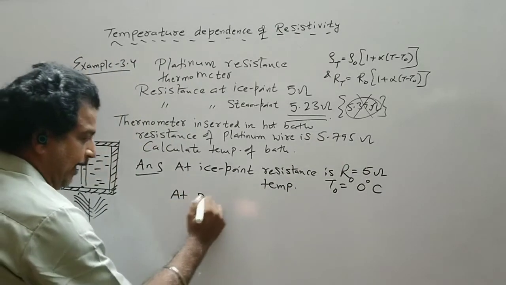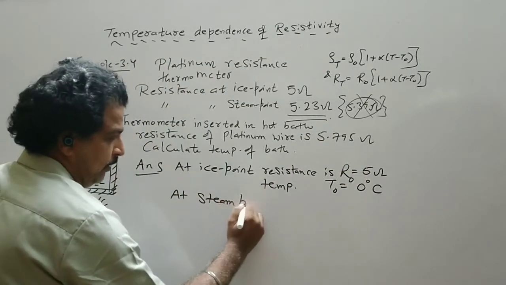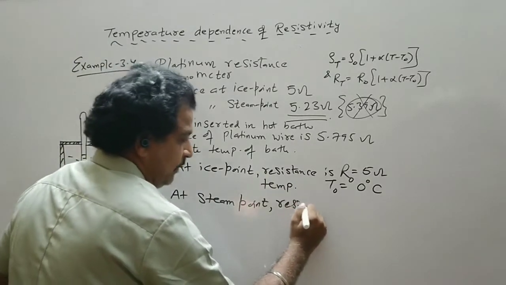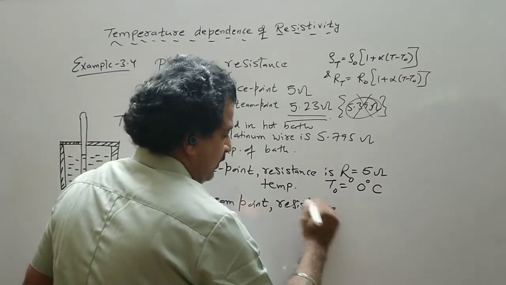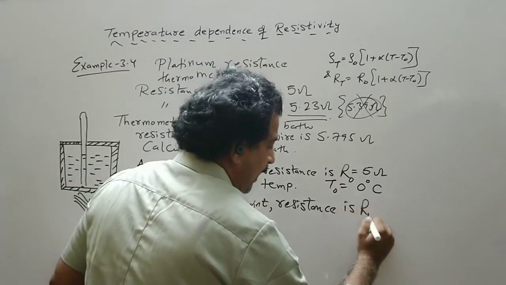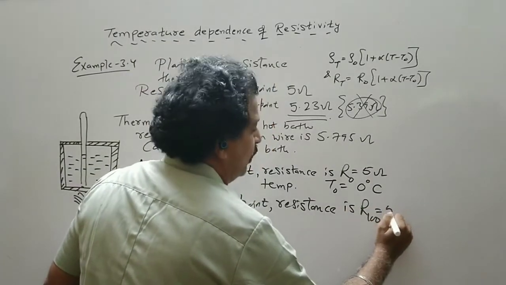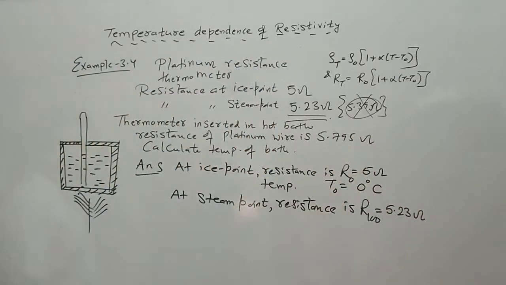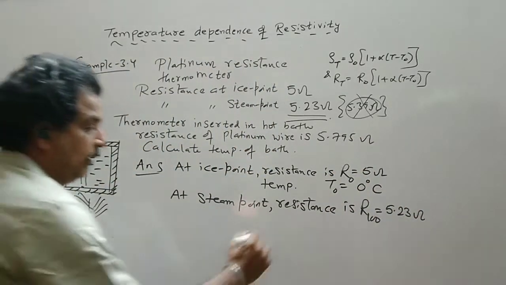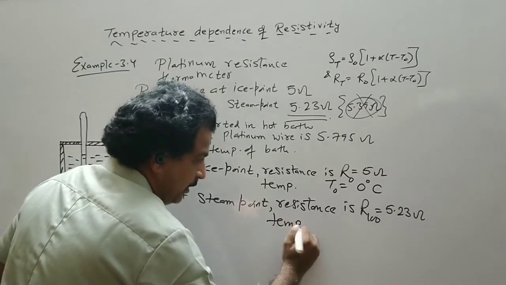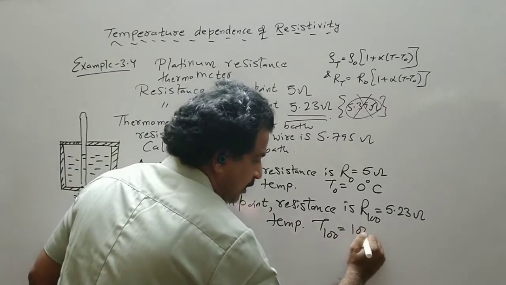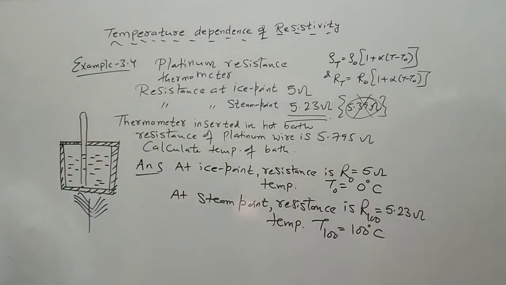At steam point, resistance, let us give a symbol R100, that is equal to 5.23 ohms, and temperature at steam point, let us name it T100, is 100 degrees centigrade.